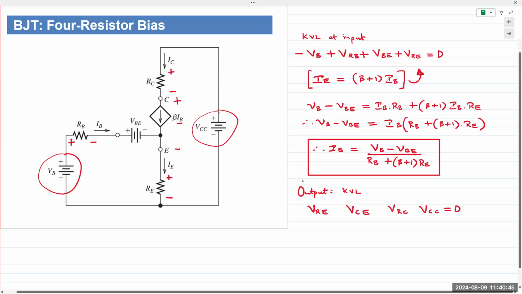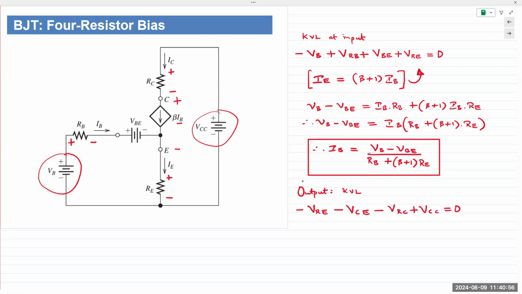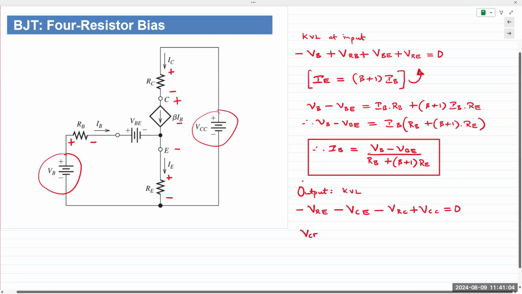Based on our assumed current directions, we would have minus VRE minus VCE minus VRC plus VCC is equal to 0. Our output is the collector to emitter voltage. So our goal is to obtain an equation for VCE. So VCE would be given by VCC minus IC RC minus IE RE. Okay, IE RE.